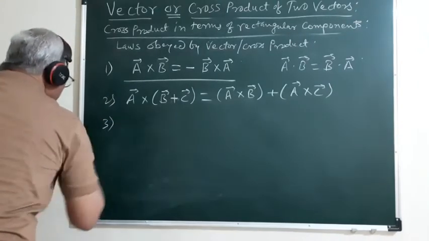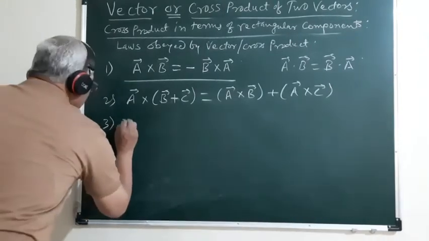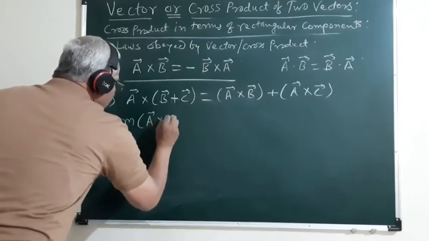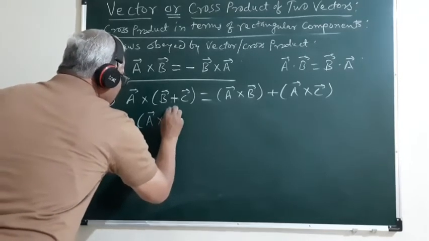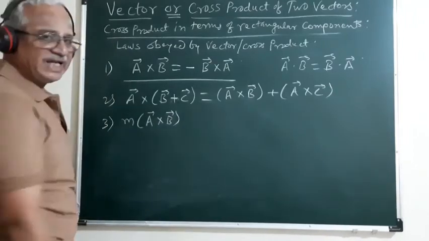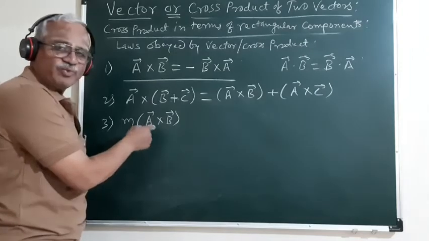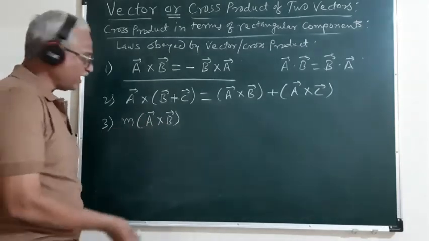Then the third law obeyed is if we want to multiply the cross product of two vectors by a scalar. Here m is a scalar, and we want to multiply the cross product of A bar and B bar with this scalar m.